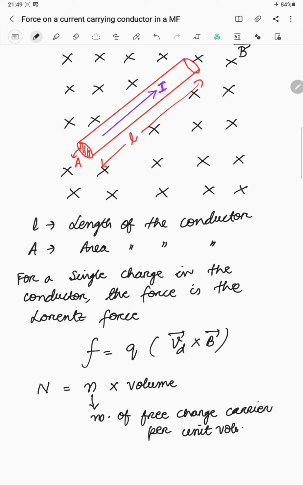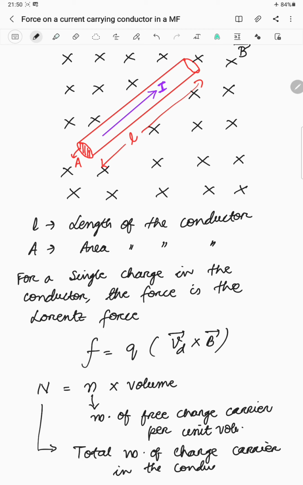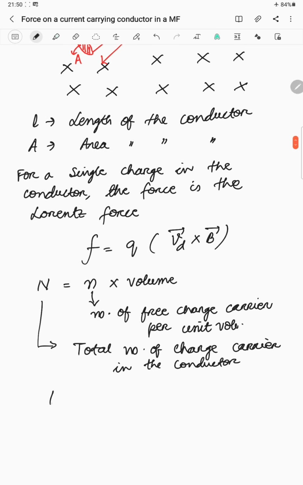From this you would have made out that capital N is the total number of charge carriers in the conductor. Now what will be the volume of this conductor? Length into the area. So capital N is equal to small n into area into length of the conductor.